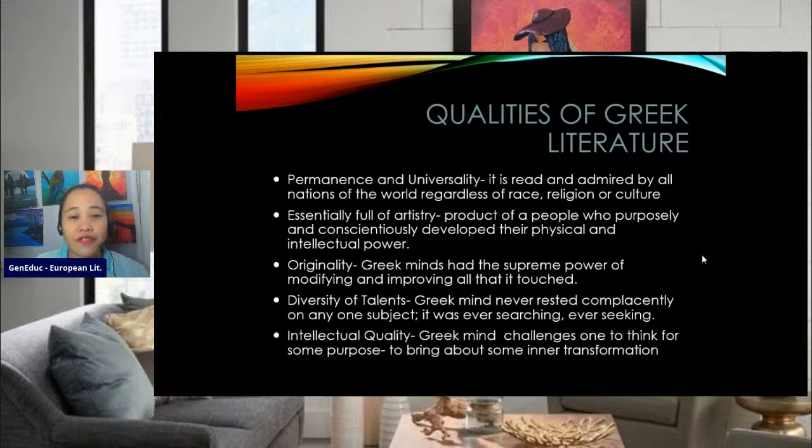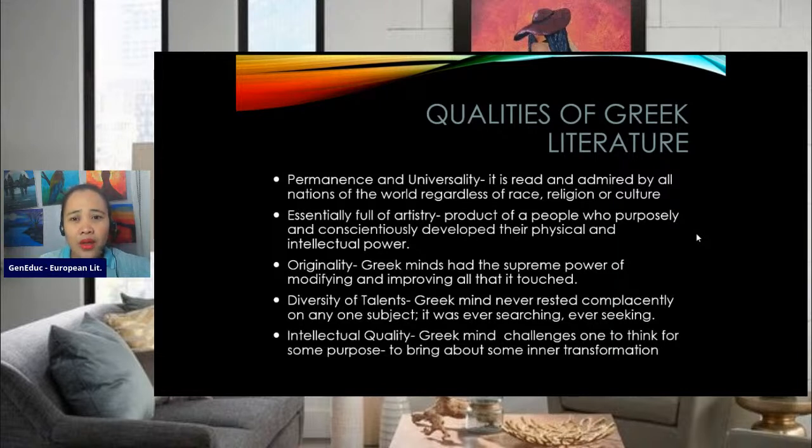So we call it diversity of talent. So if you are talented, you are not just focused on one. All right. And then the last, intellectual quality. Greek mind challenges one to think for some purpose, to bring about some inner transformation.